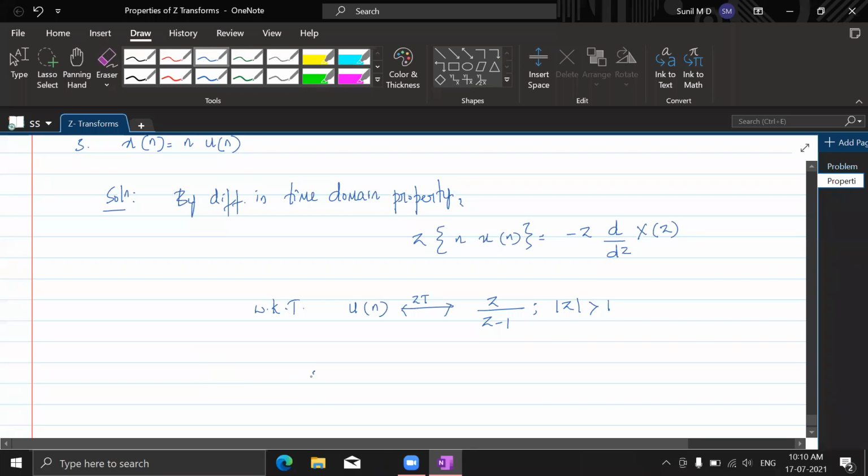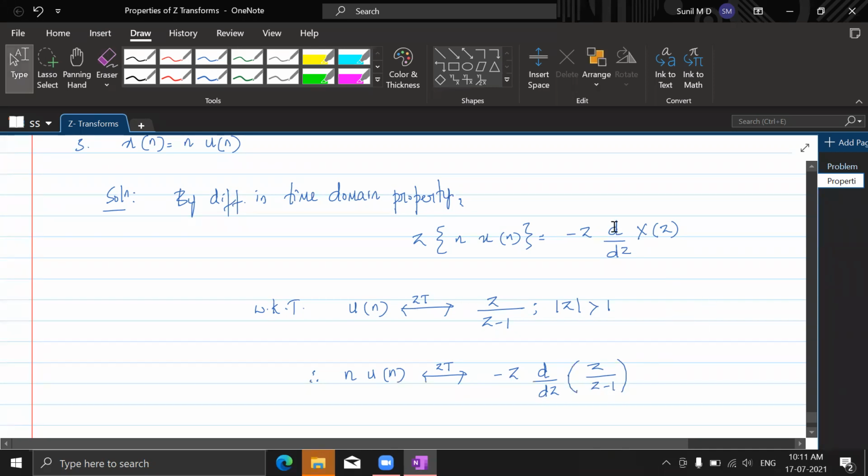So therefore Z transform of n into u of n would be what? Anybody? It would be minus z into d by dz of z by z minus 1. This we need to differentiate now.